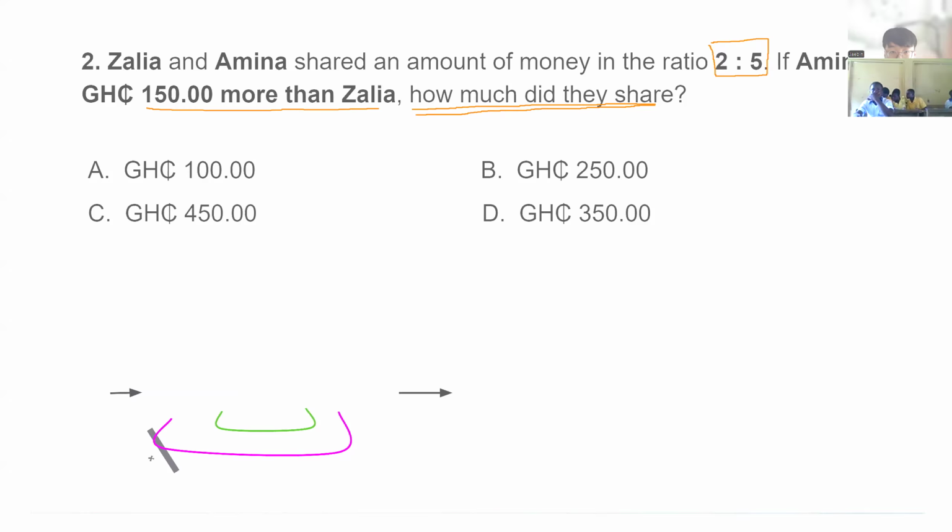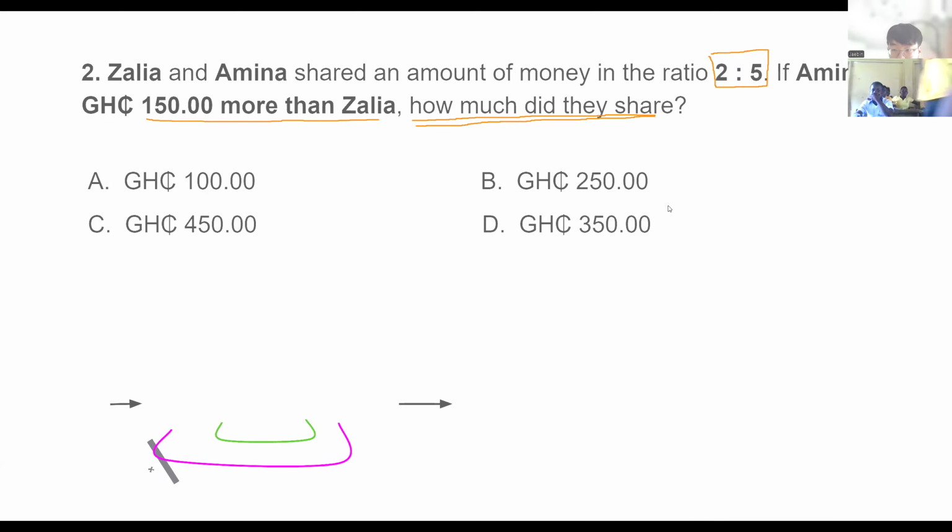Okay, so this one can be a little difficult because we're using a ratio, right? Whenever you see a ratio, we need to set up and cross multiply. We also know that Amina had 150 cedis more than Zalia.